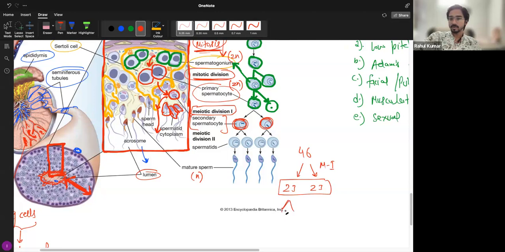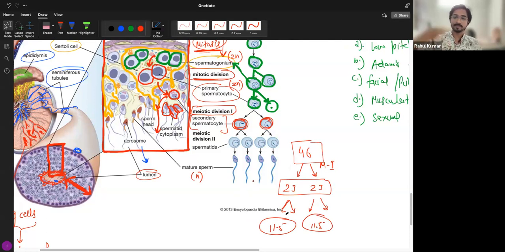Now, if meiosis 2 is also reductional, then it will be 11.5 and 11.5, right? Can we have 11.5 chromosomes? No. With any whole number you start, if you halve it 2 times, you may end up with a fraction, which is not possible. What is 0.5 chromosome?